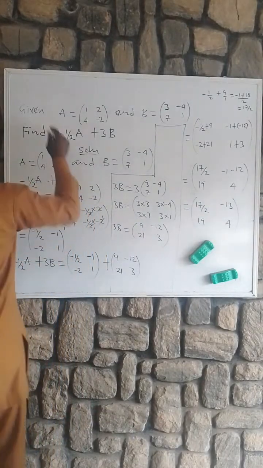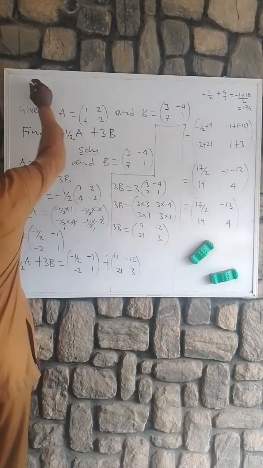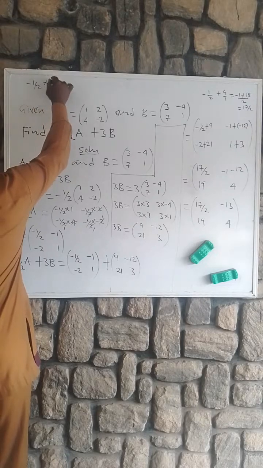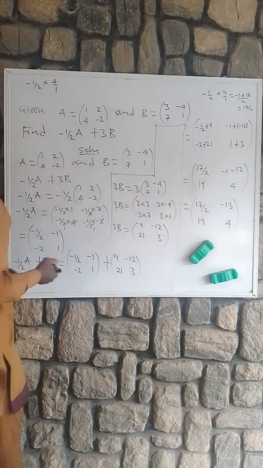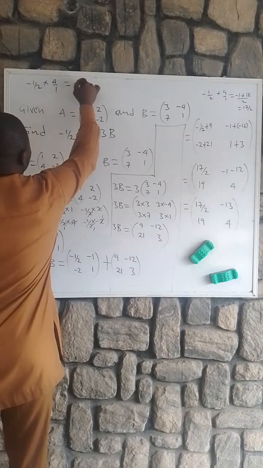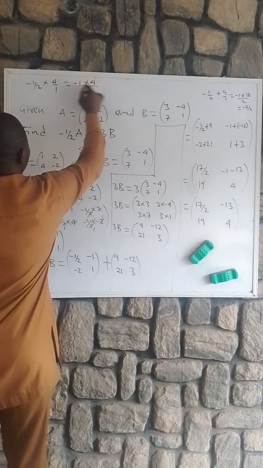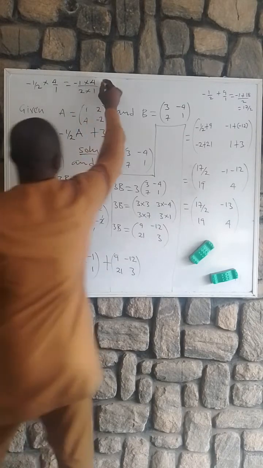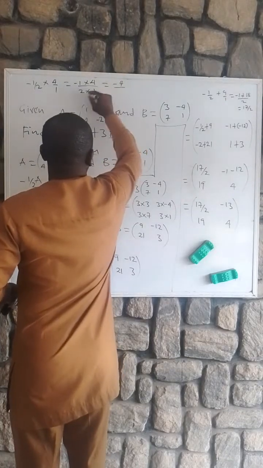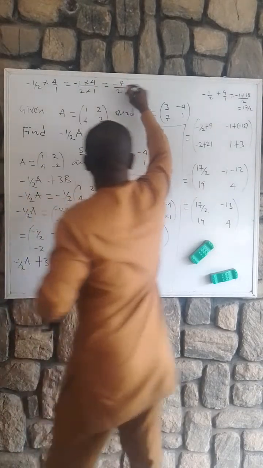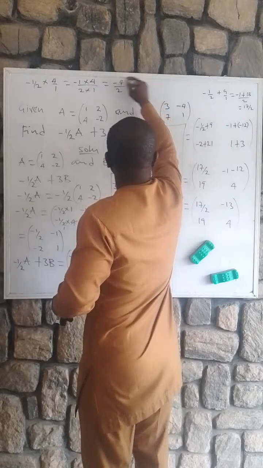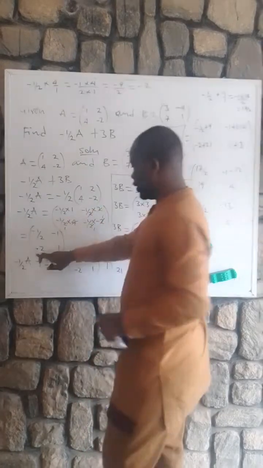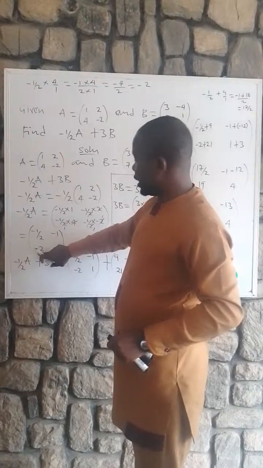Look at it, this is 4, right? So minus 1 all over 2 times 4. Note that there is an invisible 1 here. So here will be minus 1 times 4 all over 2 times 1. This is minus 4 all over 2, and 4 divided by 2 is 2. This is minus 2. So that is why we got minus 2 here.